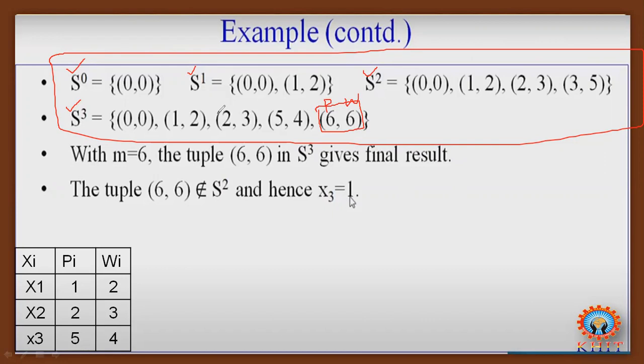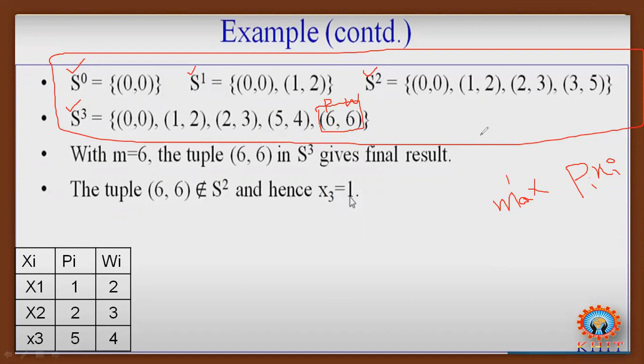The main objective of the 0/1 knapsack problem is to maximize the profit. Maximum profit we can select, that is, maximize the profit of the sum of PiXi. This is the formula. So always consider maximum profit.